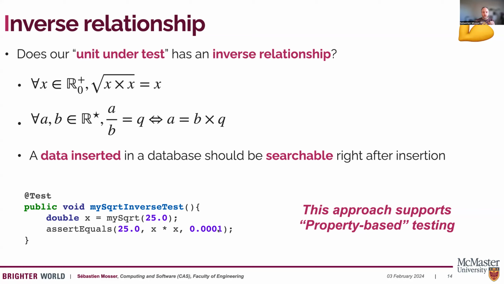I can do this with actually any value. But what I'm interested in here is that I don't know x, and I don't want to know x. If I multiply x by x, I get 25, and that's fine. That means that my square root function is good.